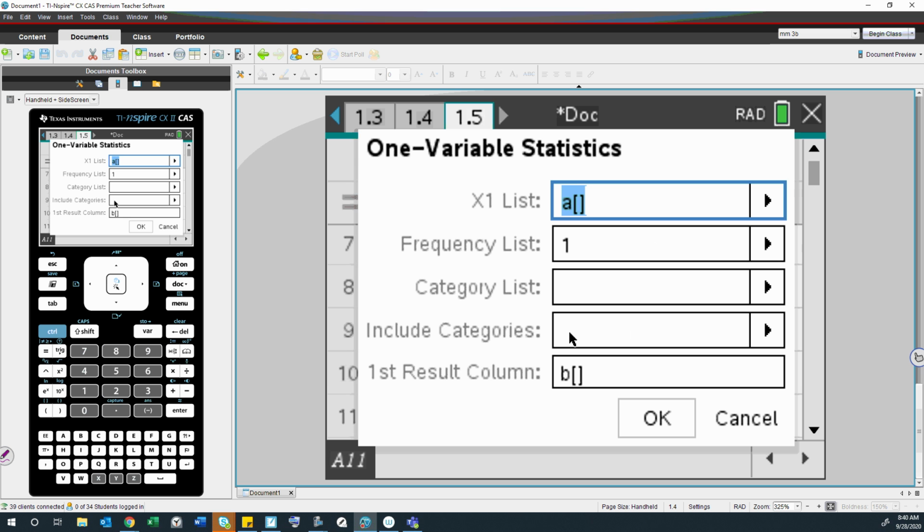Sorry. We're taking our data from column A and it's going to put our results for us in column B as soon as we hit OK. Did everyone need help getting to this point? So statistics, stat calculations, one variable statistics.